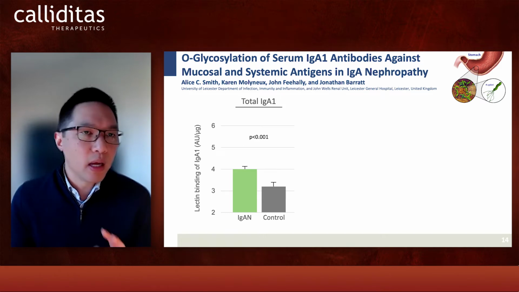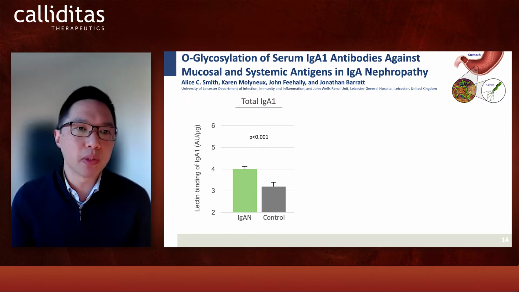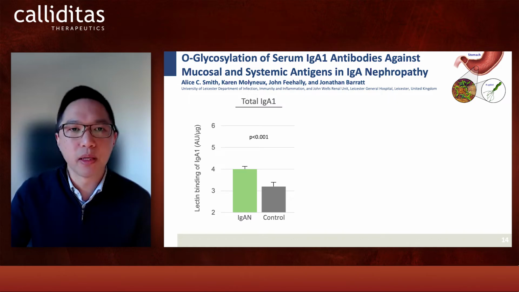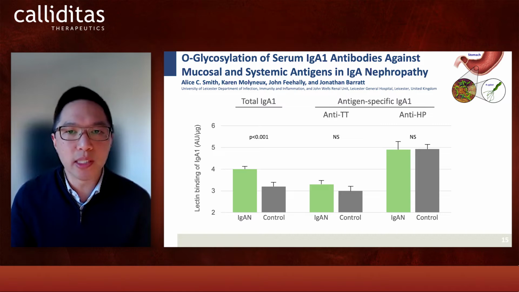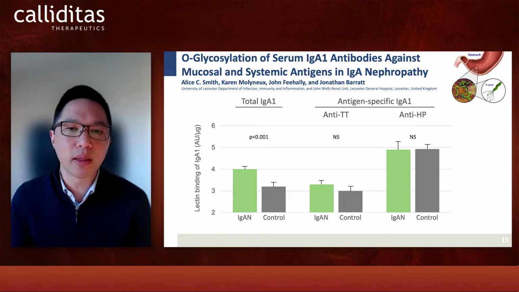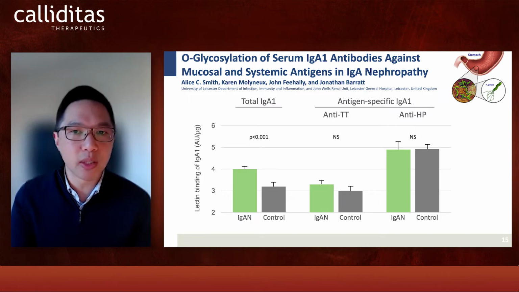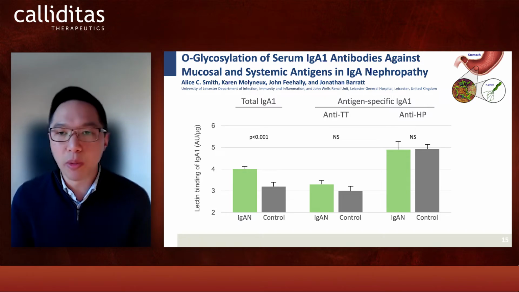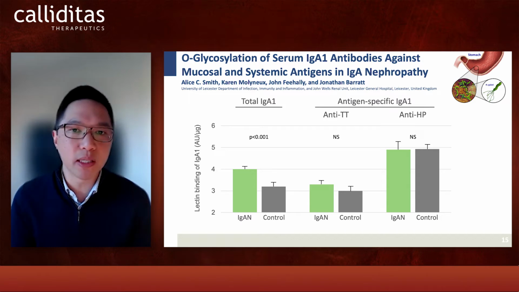The group then went on to look at responses towards mucosal or systemic antigens in IgA nephropathy patients. For the systemic antigen, they looked at tetanus toxoid. Tetanus toxoid is something that most of us have been vaccinated with. It's injected through the skin, so it never sees the mucosal immune system or mucosal surfaces.